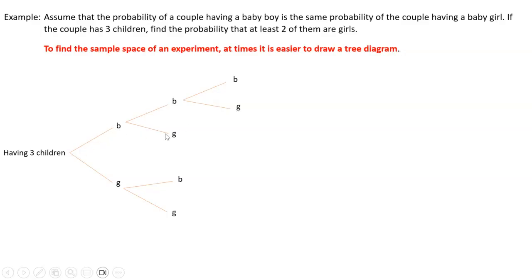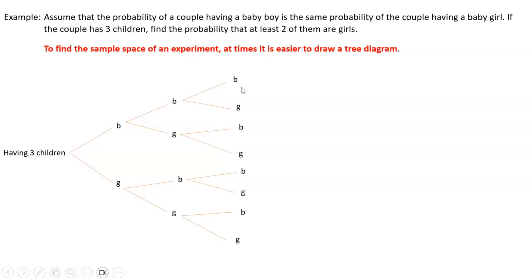If it was a boy first and a girl second, then after that it can be a boy or a girl. If the first one was a girl, then a boy, then it can be another boy or another girl. If the first two births were girls, after that it can be a boy or a girl. So here are the possible outcomes.